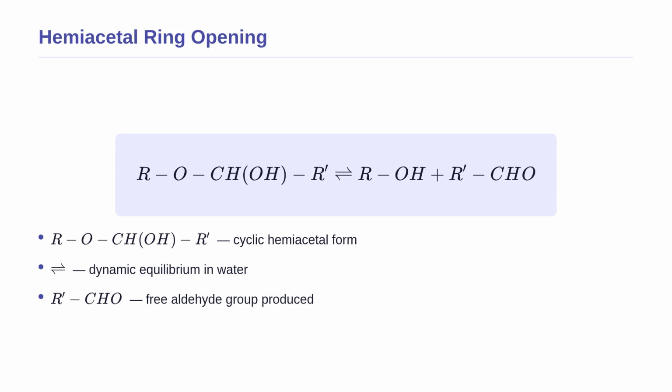When the ring opens, it produces a free aldehyde group, represented by R'-CHO. This exposed aldehyde is what makes the sugar a reducing agent. If the concentration of the hemiacetal increases, more free aldehyde is produced, increasing the sugar's ability to reduce other substances.